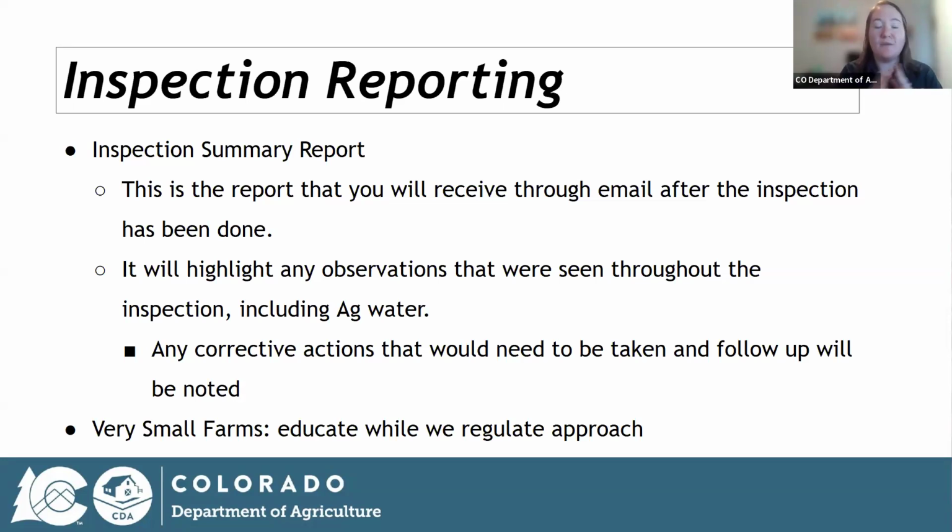So it's going to be more of a conversation than any observations written down, unless it was something we would call egregious or an imminent threat, where we would see direct contact to the produce and where that produce could make someone sick. So that's where we'd be stepping in, but this is the general high level layout of what you would expect the inspection reporting to look like.